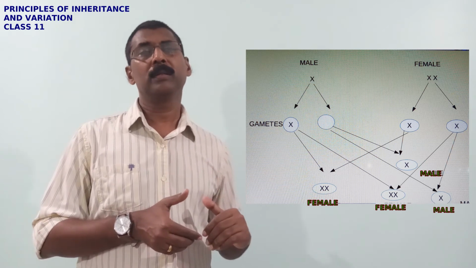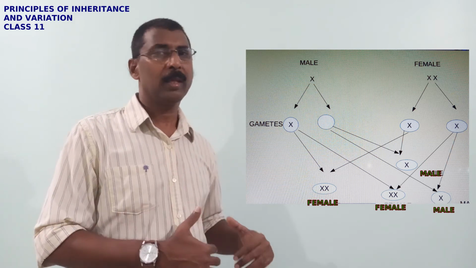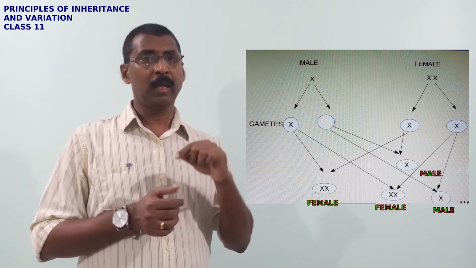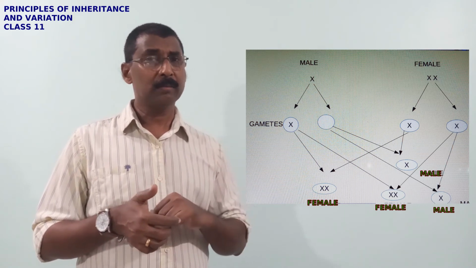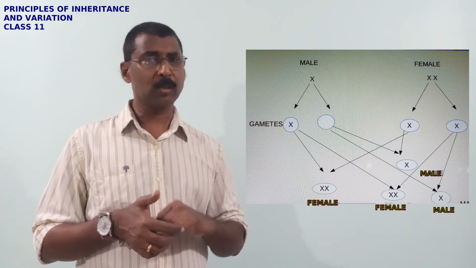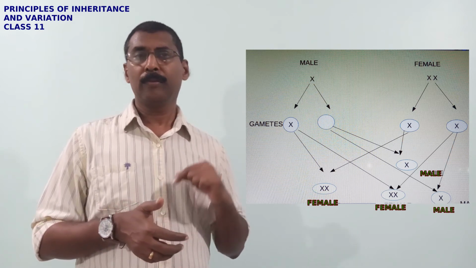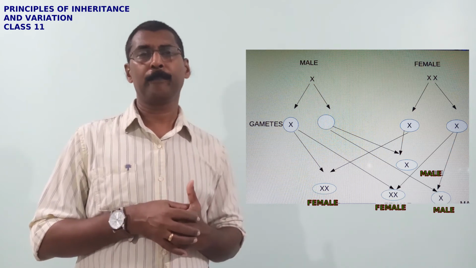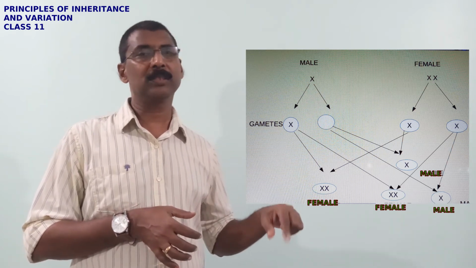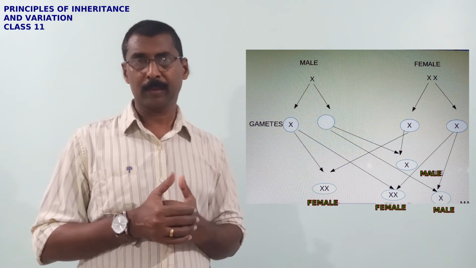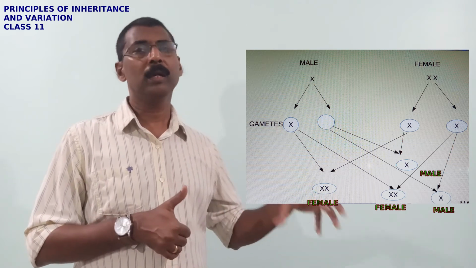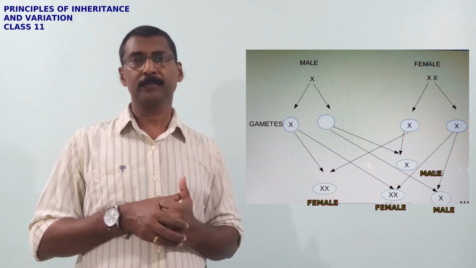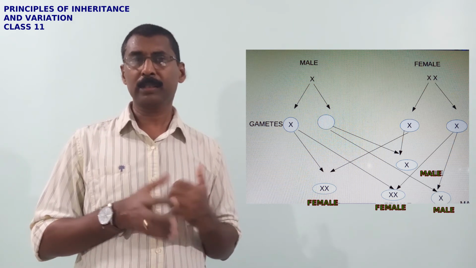That zygote will develop into a female organism. And when an egg, of course with X chromosome, fertilizes with a sperm without X chromosome, the zygote will become X0 and the zygote will develop into a male organism. I think this is clear to you.